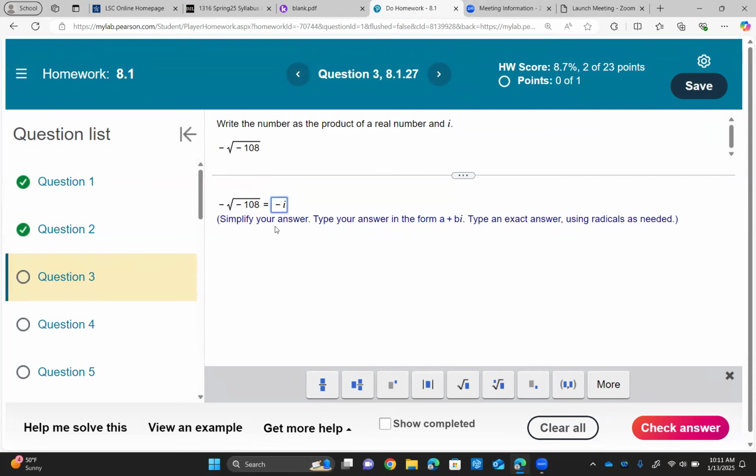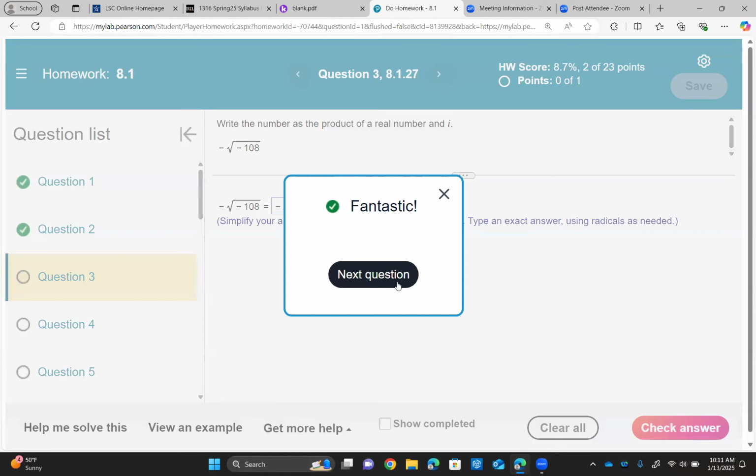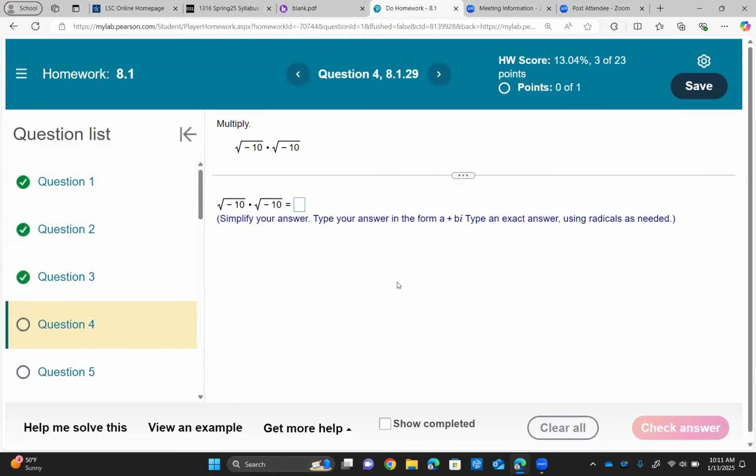So 36 will go outside as 6, but then the 3 is not a perfect square number, so it will stay here. Again, I can leave my answer like this, or I can make it look better by putting the 6 to the front, i between the number and the radical. But let's check our answer like this and see what my MATLAB says, if it even accepts this answer.